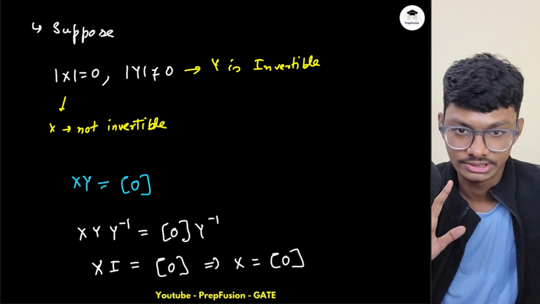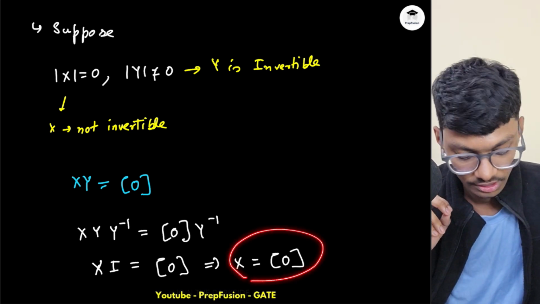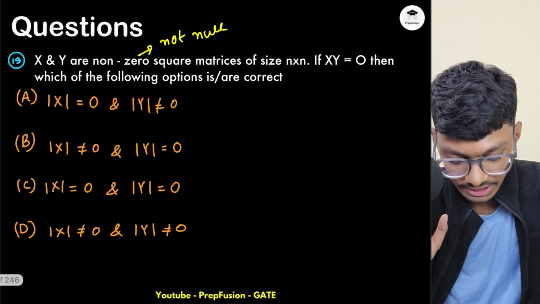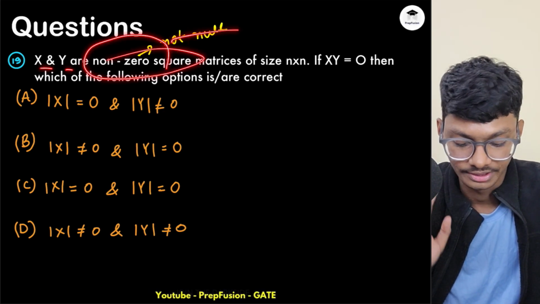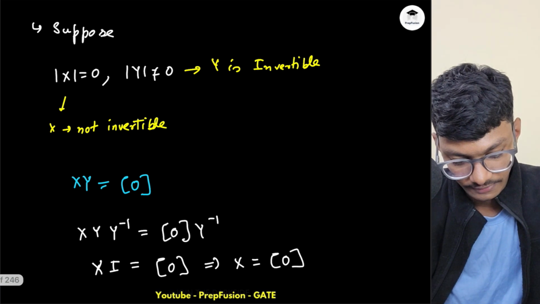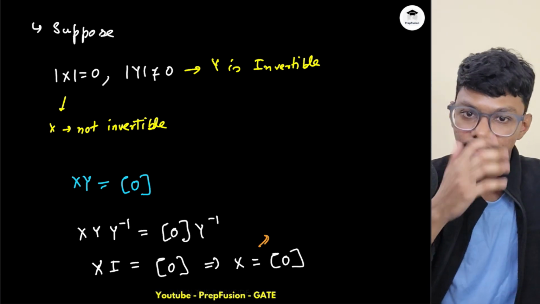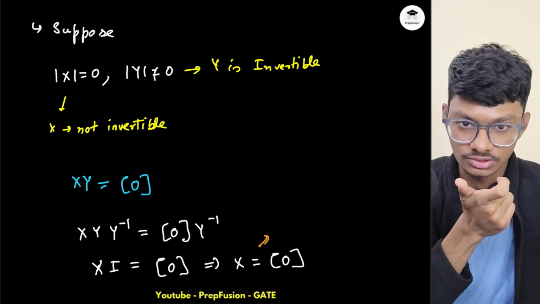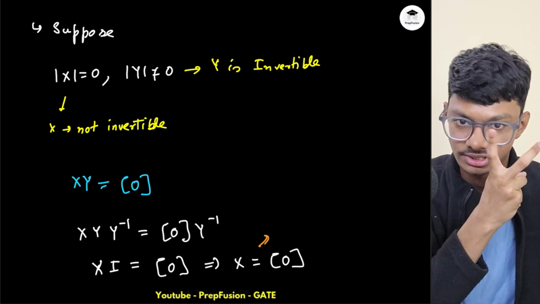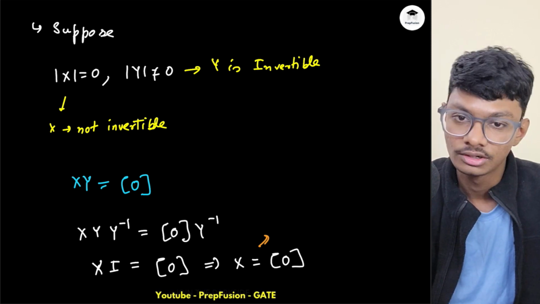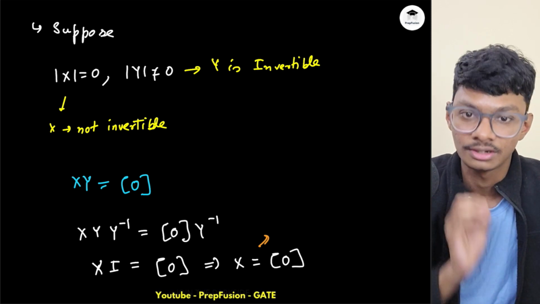So here what we see is that x is equal to null by this relationship, but in the question they have told us that x and y are non-zero square matrices. It may so happen that even though it is non-zero, the determinant can be 0 if two rows are same or two columns are same. It is a non-zero matrix, but still the determinant is 0. But here this is directly telling me that x is a null matrix.